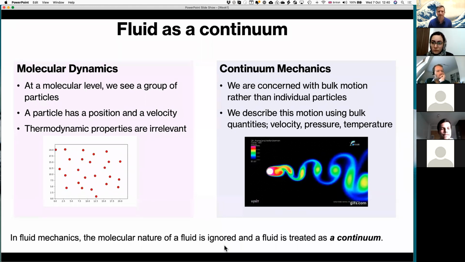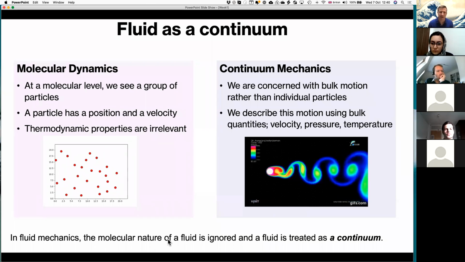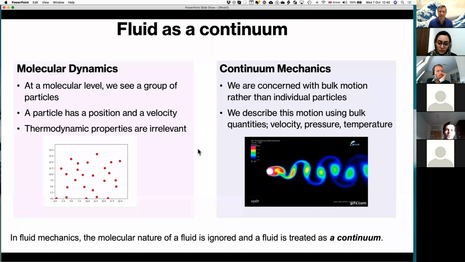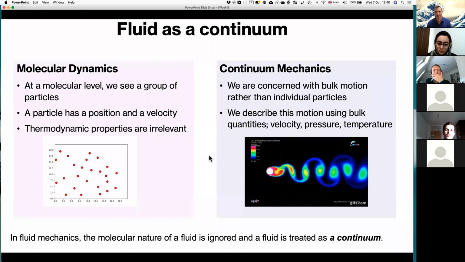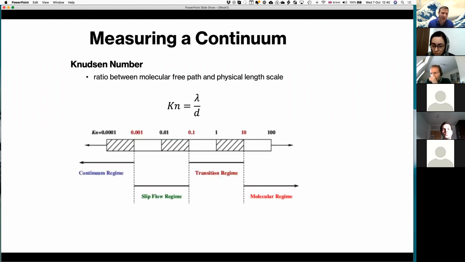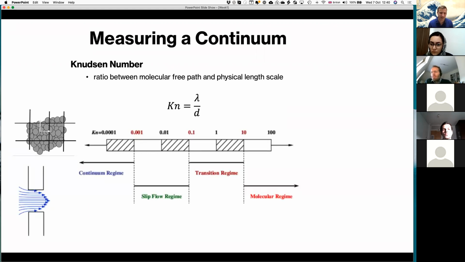And in fluid mechanics, we essentially ignore the molecular nature of fluid most of the time, although I just showed you a counterexample with the long chain polymer. So we always have to be a bit careful. In terms of how we measure a continuum, there's a very useful non-dimensional number called the Knudsen number, which is essentially the ratio between how closely spaced the molecules are and the length scale of the practical application.